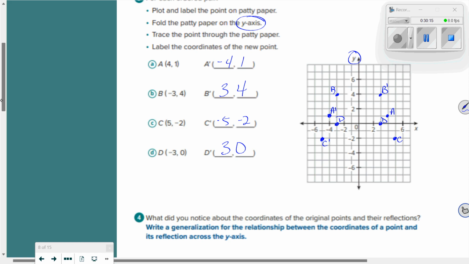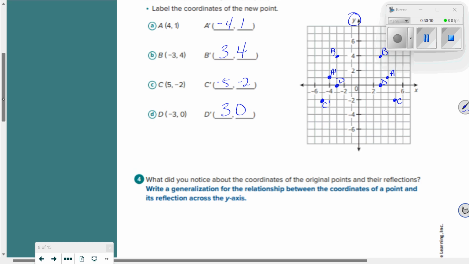Do you notice any patterns in your coordinate ordered pairs? There are different quadrants, but how do the ordered pairs change when I reflect over the y-axis? What switches? That's because I'm reflecting over the other axis, but what do you notice about the ordered pairs themselves? David?